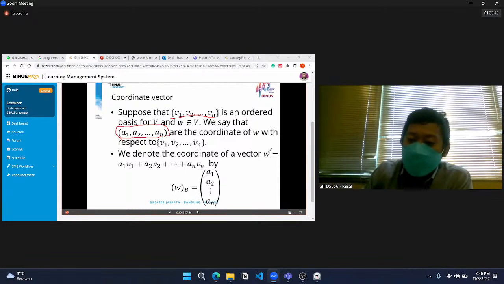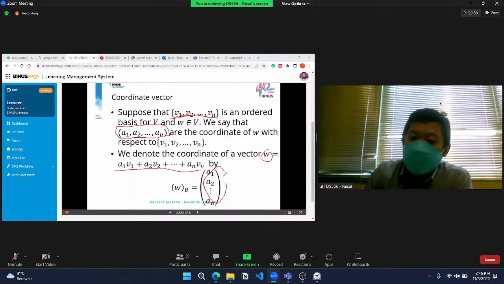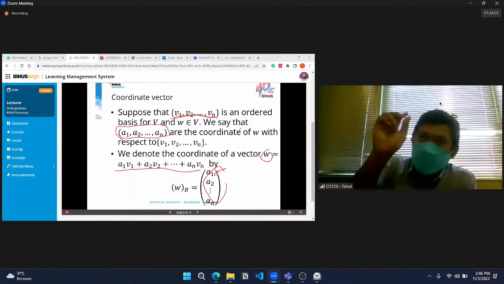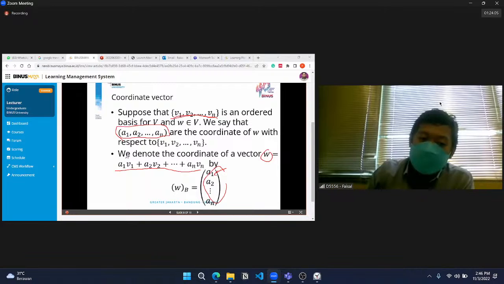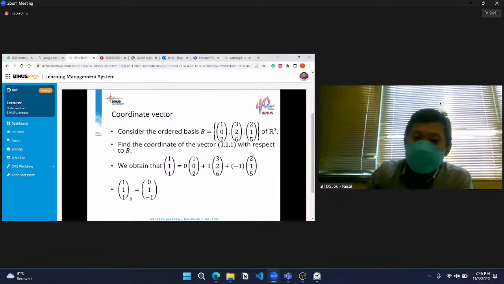So if w is any vector and this is the linear combination with respect to an ordered basis, and this is the coordinate. What is the coordinate? Every component from the scalars.